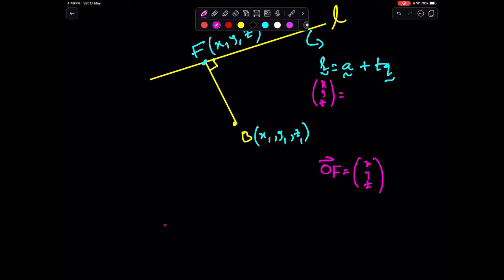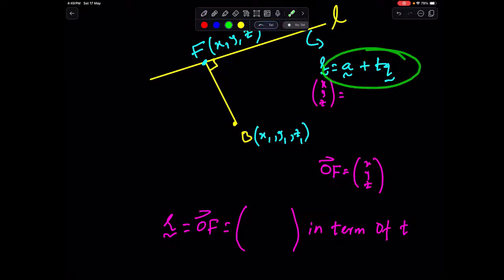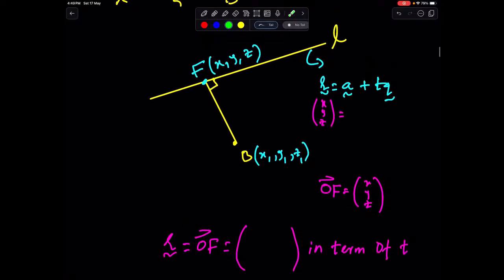By replacing R by OF, we can get OF in terms of T, the scalar multiple T, because this equation is in terms of T. So we have got OF, but it is in terms of T. The problem is T. Now for T, we have to find this vector BF.